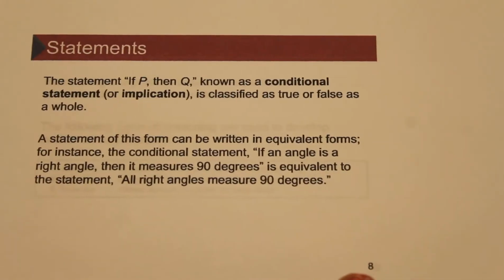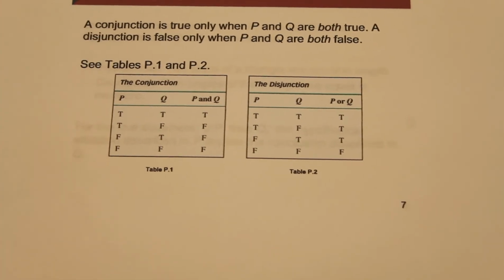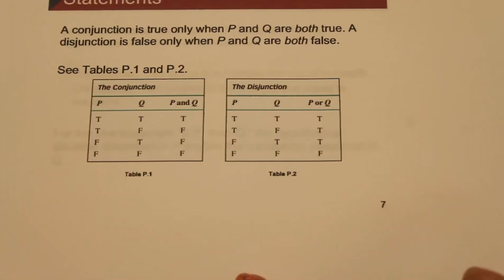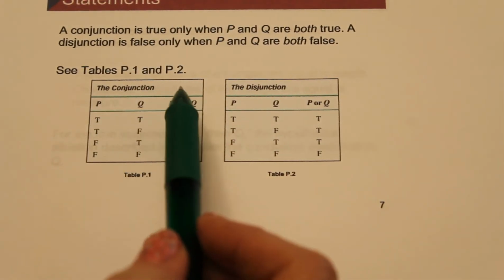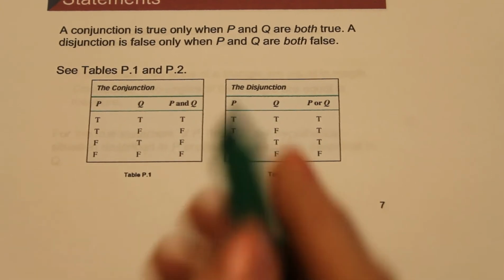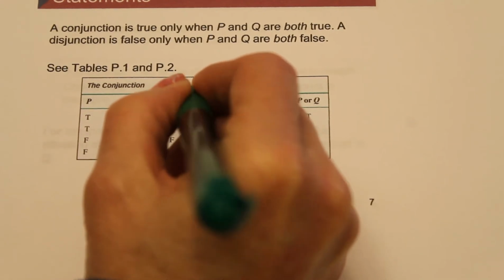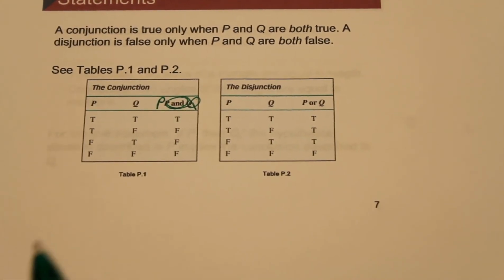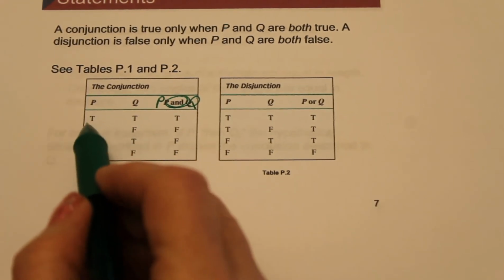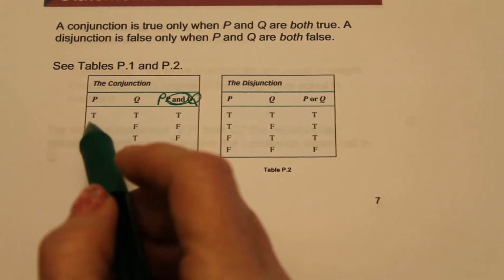And that will depend on whether P and or Q are also true. So let's see how we're going to put these conjunctions and disjunctions together. Here are two examples of truth tables. We have a column for P, and a column for Q, and then a column for P and Q. I have a row for every combination of P and Q being true and false. P was my statement that 4 plus 3 equals 7.